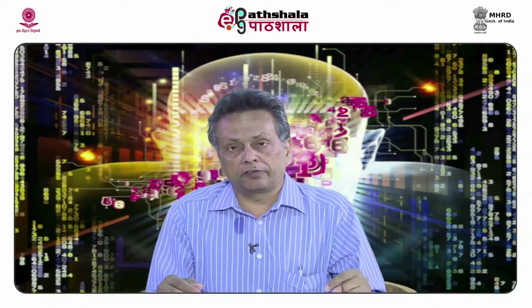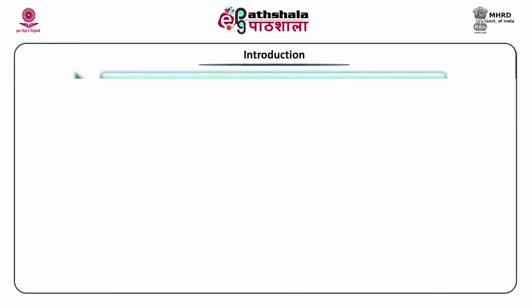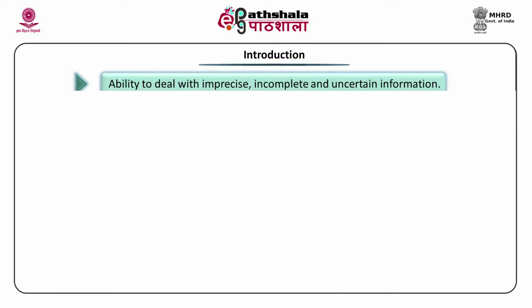Remember something that we began with. Humans tend to deal with information which is not always complete, not always precise, sometimes things which do change over a period of time. That kind of information is not possible to deal with using plain vanilla predicate logic, and that is what we are going to talk about in this particular module.